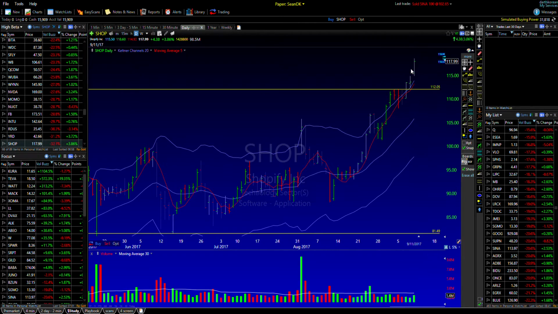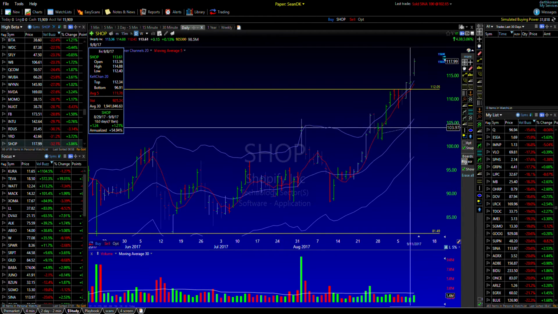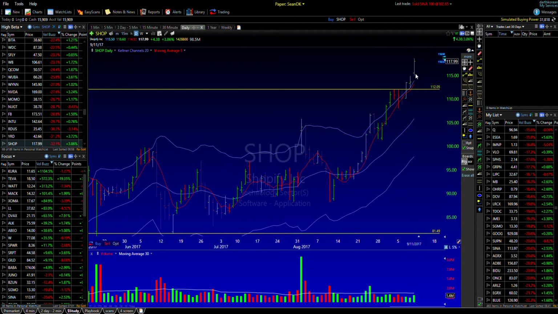Volume's kind of drying up and it's getting a little overextended, with not above-average volume coming in, and we're naked gapping above the Keltner channel, which determines the average ATR. This is 2.25 times the average true range, and it sets channel parameters for what the average true range of the stock has been.